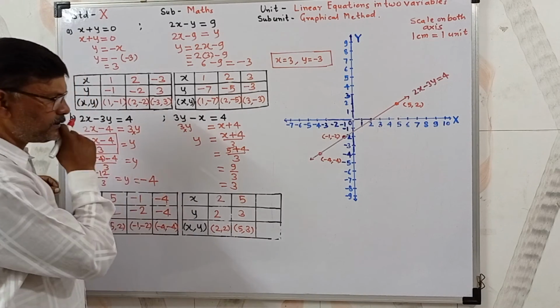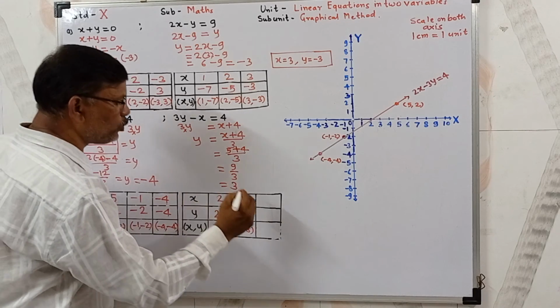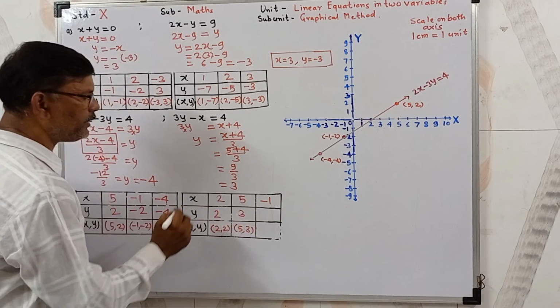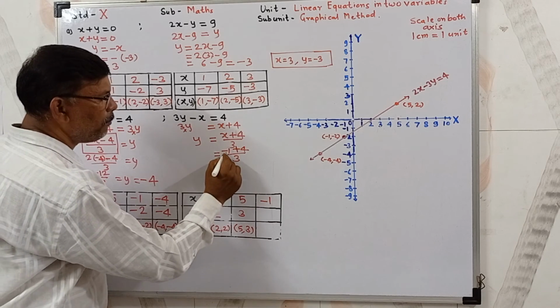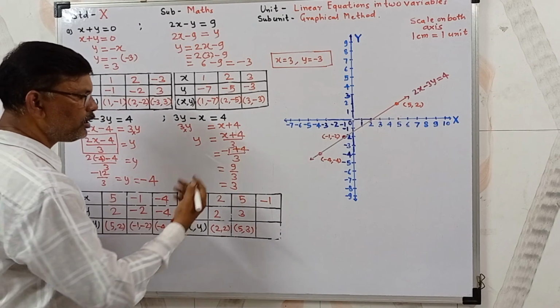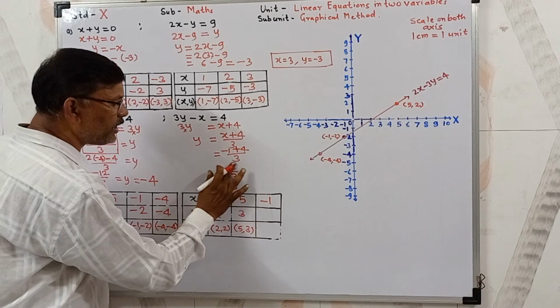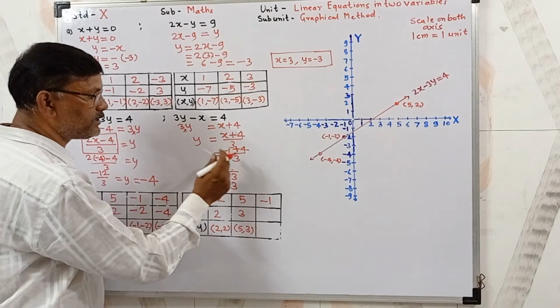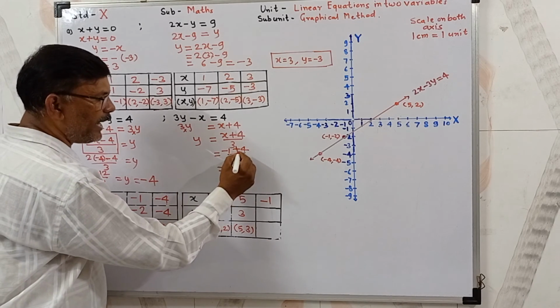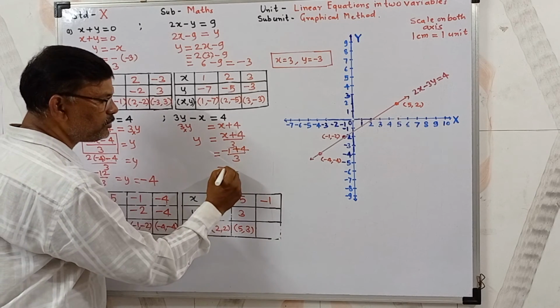Now put the value of x as minus 1. Minus 1 plus 4 is equal to plus 3, because the sign of the bigger number is plus.